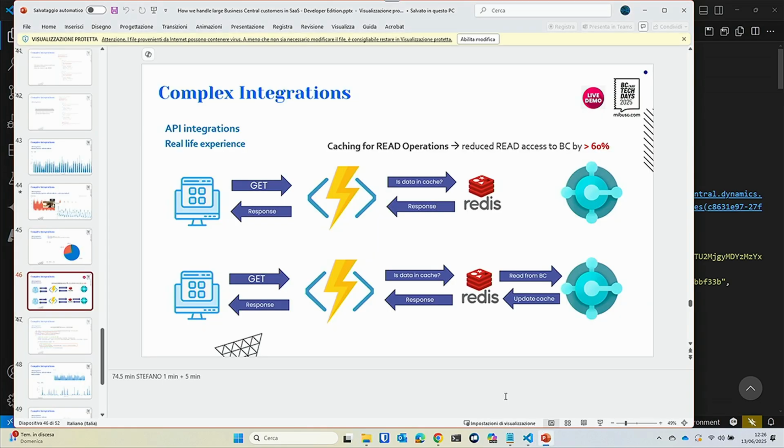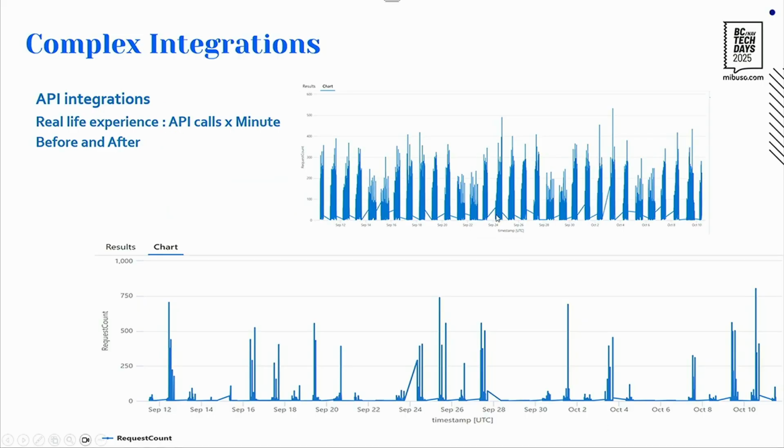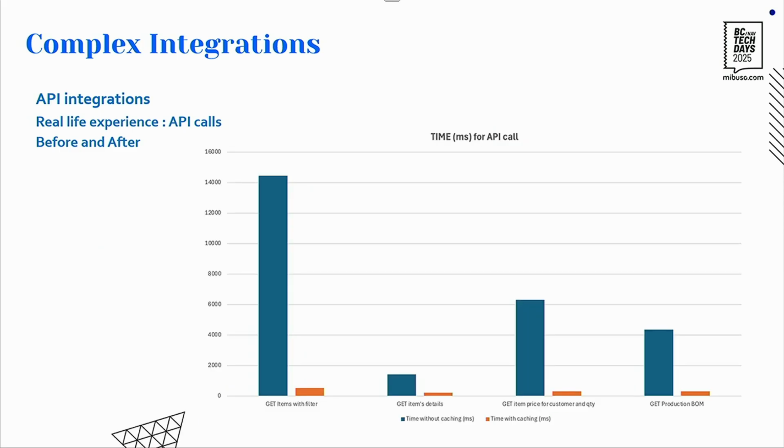So this was our situation, and after that trick, we moved from this to this. All the GET operations were absolutely reduced. This is a chart that also shows you the response time. We also gained in response time for many of the massive operations that we have in these customers.